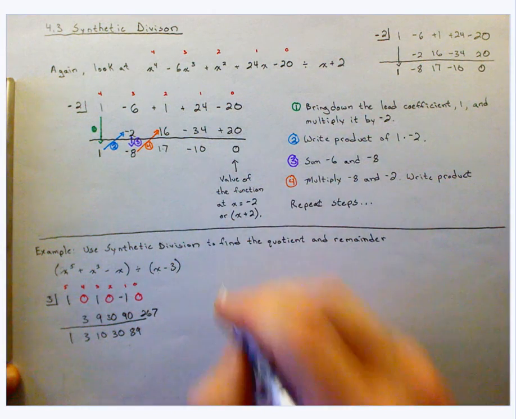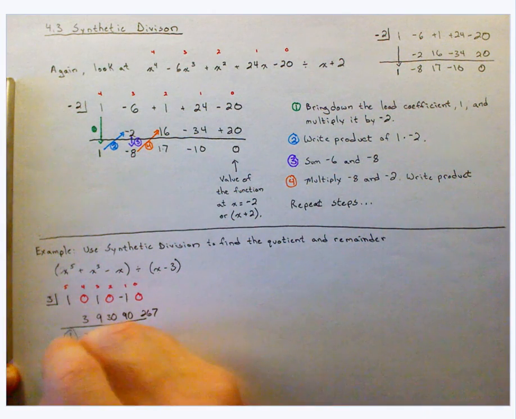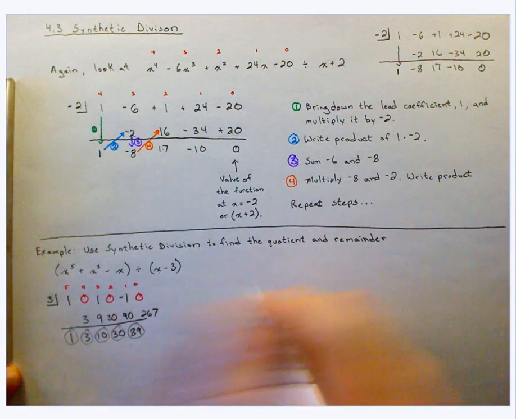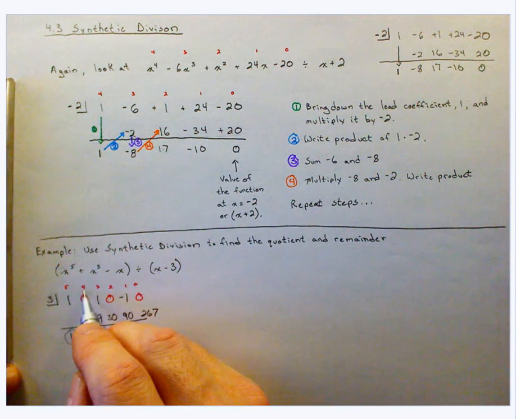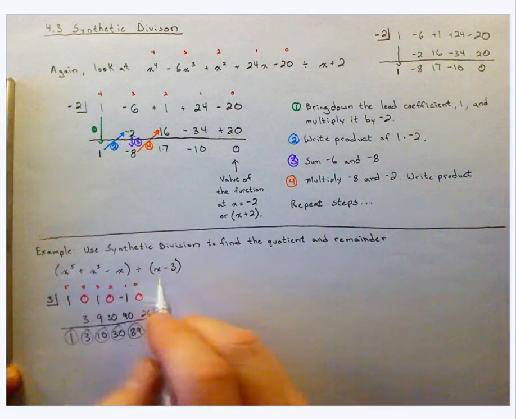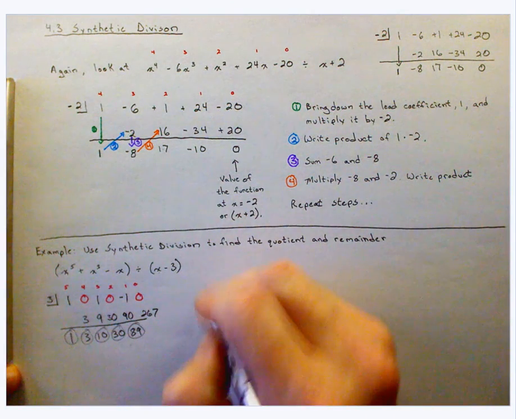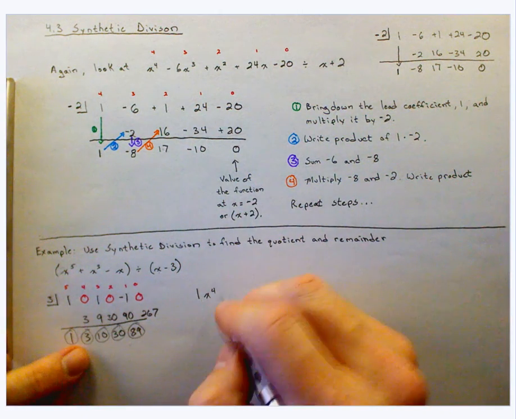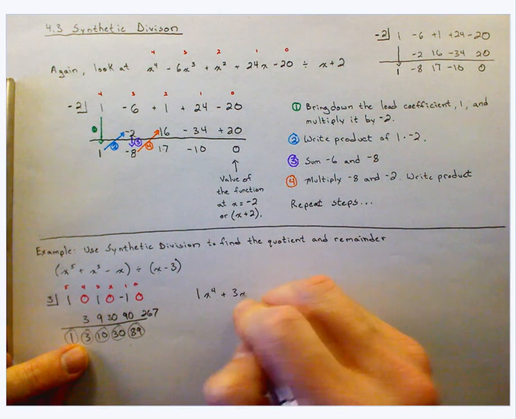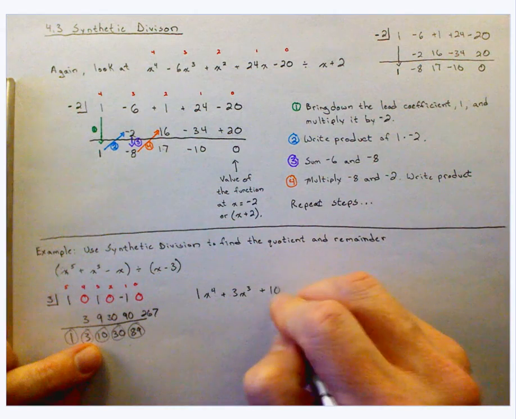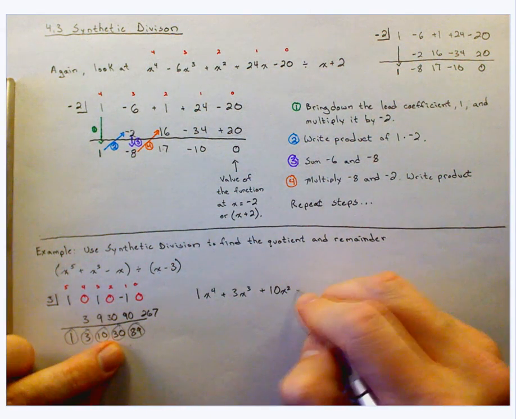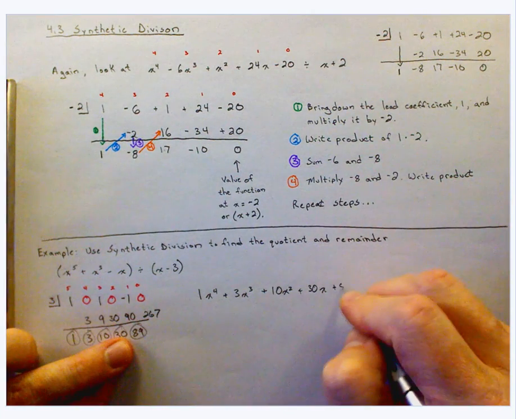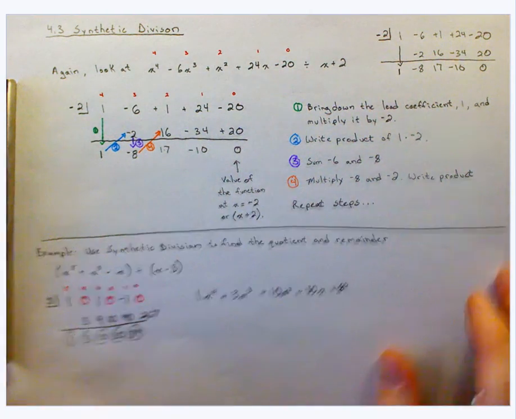So what this actually looks like, because each one of these are individual terms, and I'm going to put them with their variable. I know I start off at x to the 4th, right? Not to the 5th. So I have x to the 4th, and I'll write the coefficient there even if it's a 1, plus 3x to the 3rd, plus 10x squared, plus 30x, plus 89, right?